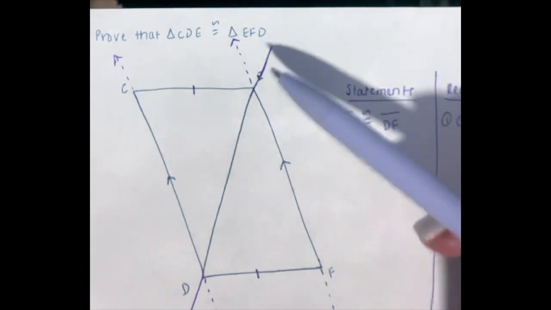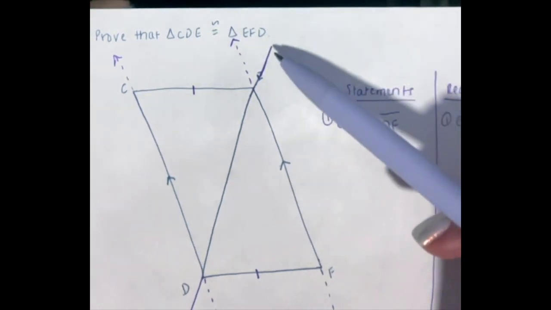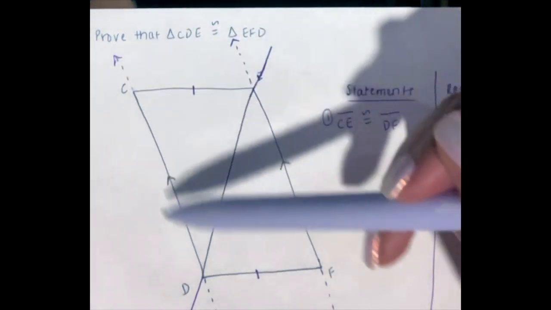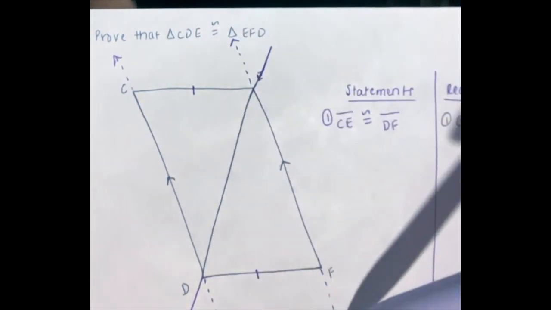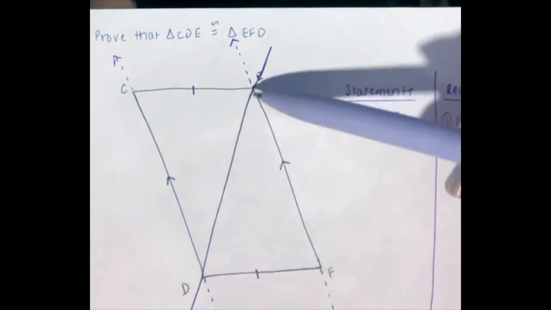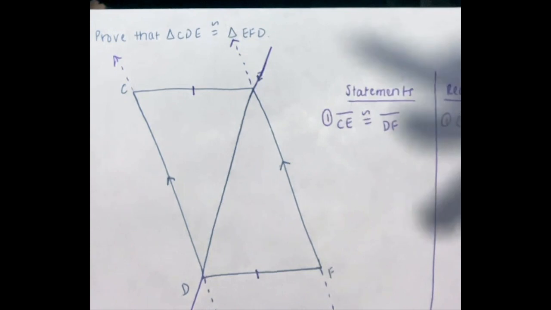So we know from our theorems that a line that intersects two parallel lines in a plane at two different points is a transversal line.